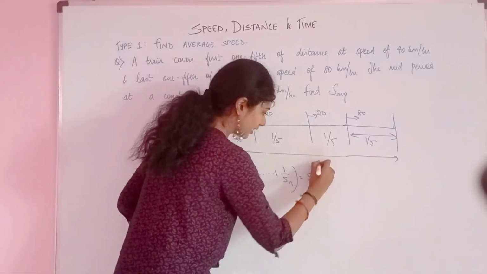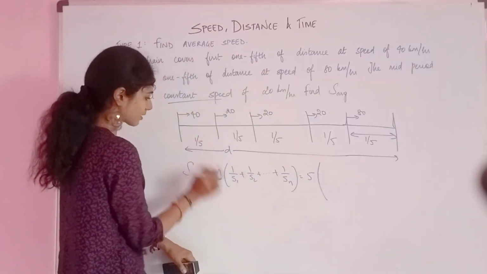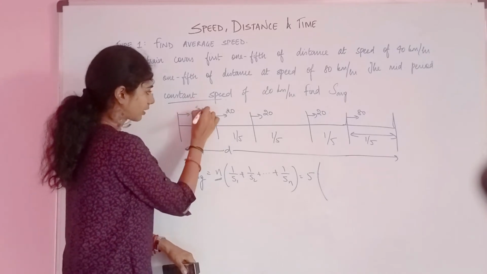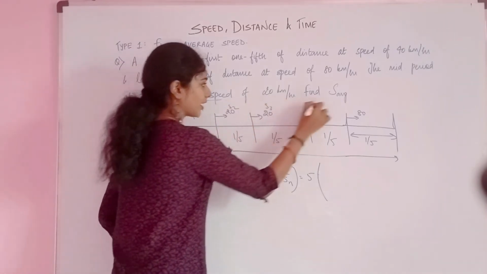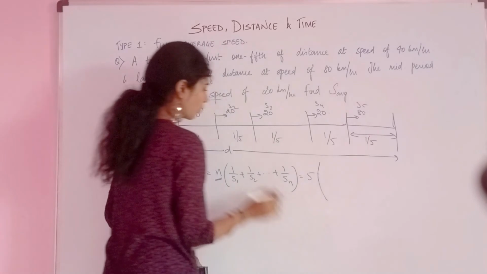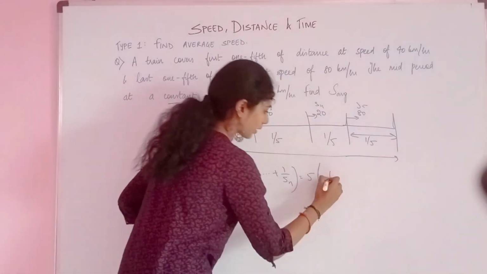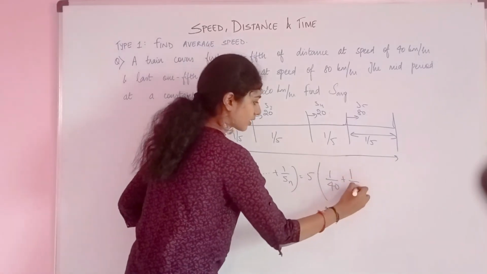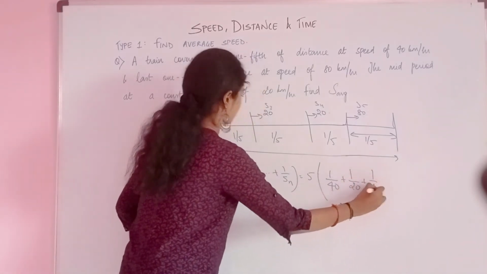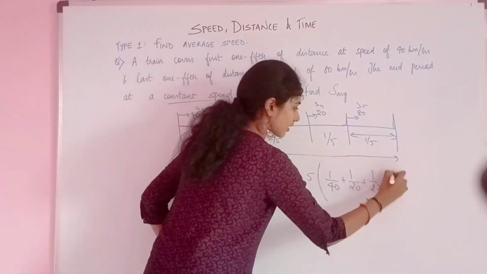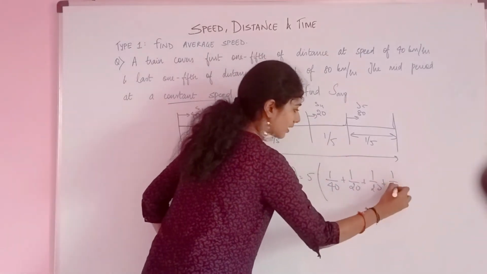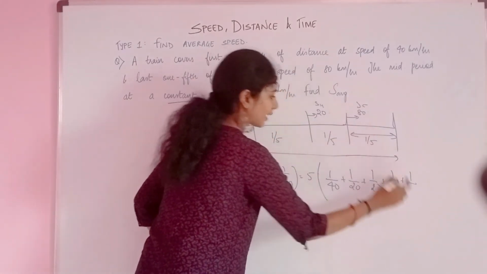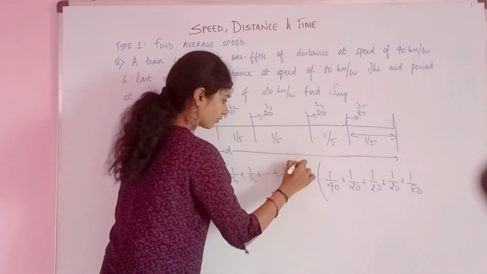So it is 5 into 1 by Sn, where these are S1, S2, S3, S4 and S5. So 1 by 40 plus 1 by 20 plus 1 by 20 plus another 1 by 20 plus lastly 1 by 80, the whole inverse.